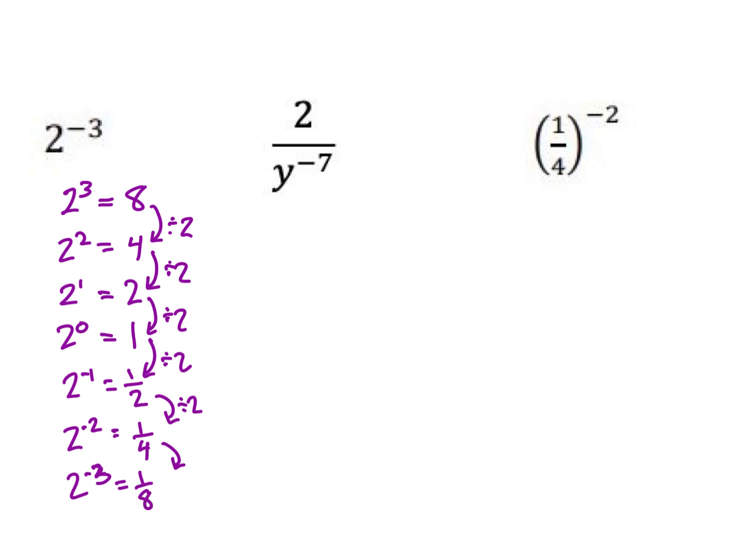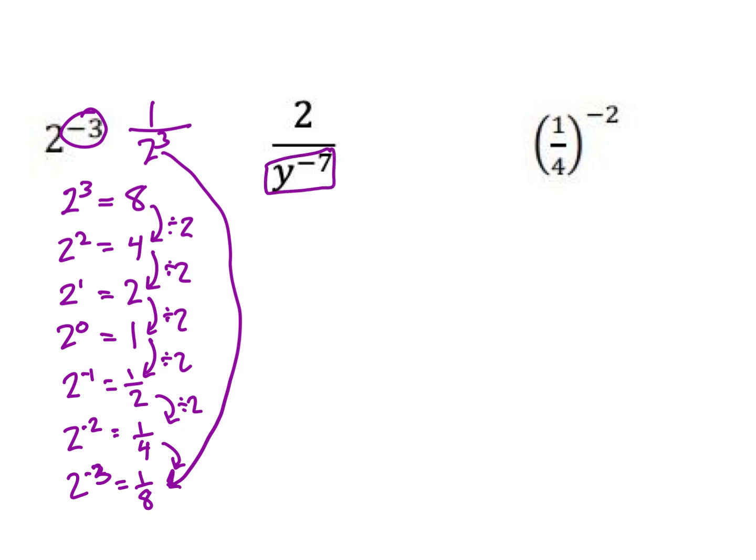So in other words, what I'm doing when it's a negative is I'm taking this 2 to the third power as a positive, and I'm putting it over 1. Here we go. On this one, I see a negative power on the bottom.